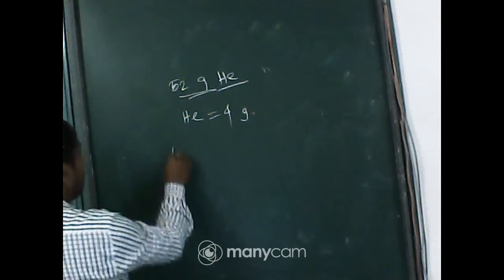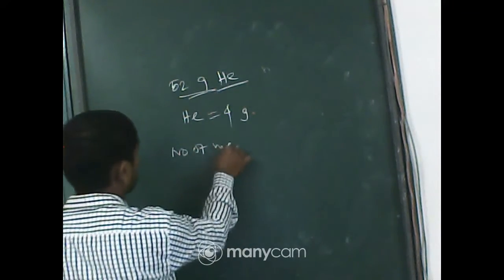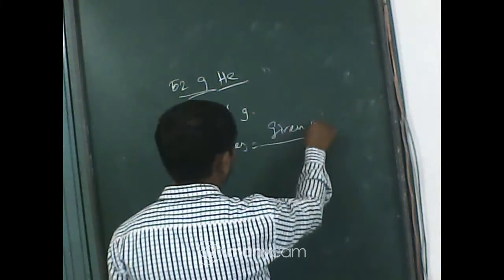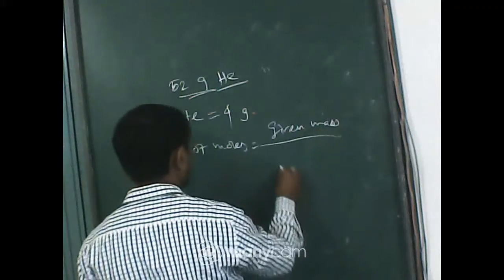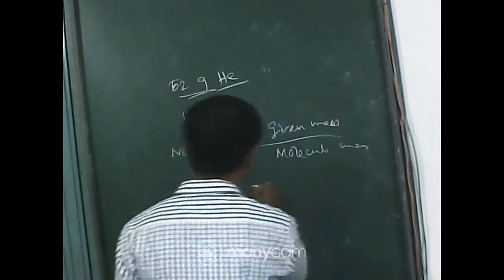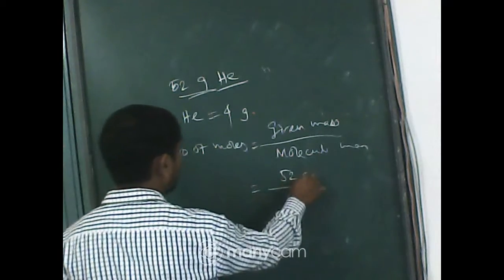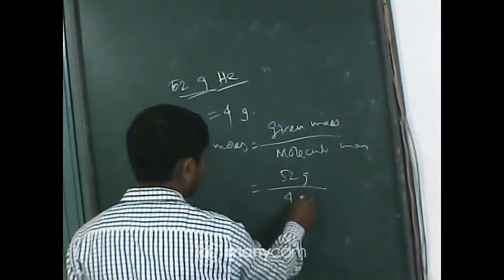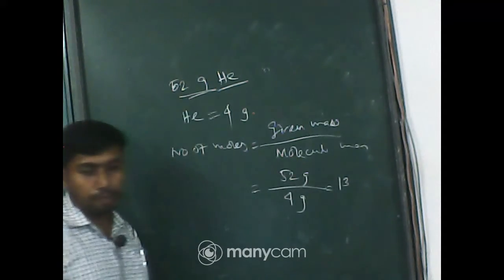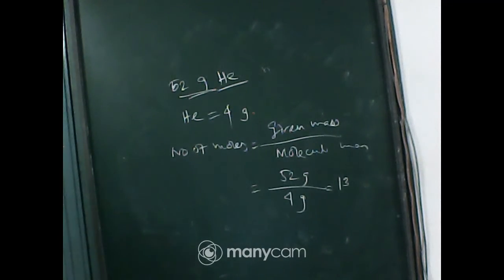So the number of moles equals given mass divided by molar mass. The given mass is 52 gram and the molar mass is 4 gram. So 13 is the number of moles. Clear?